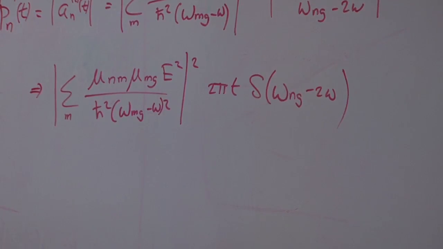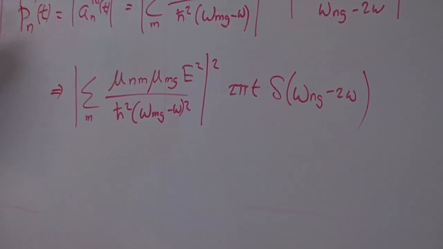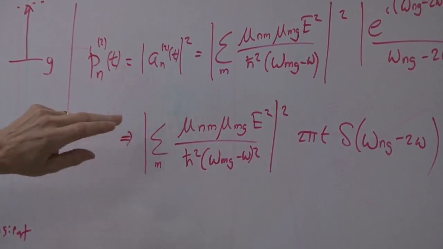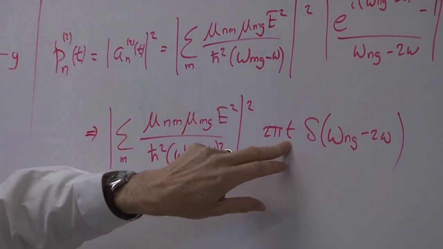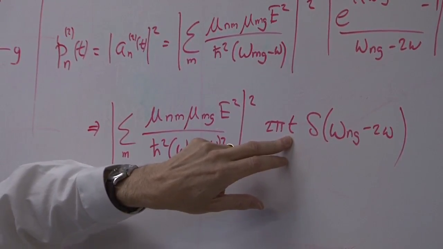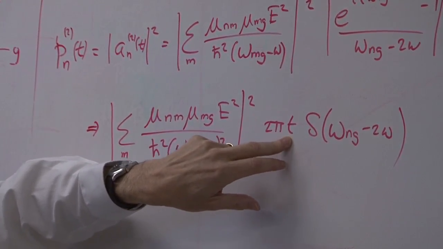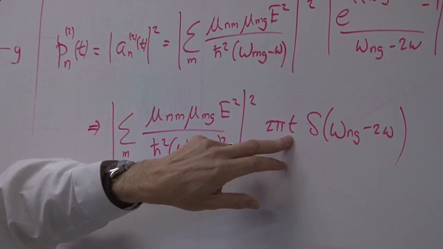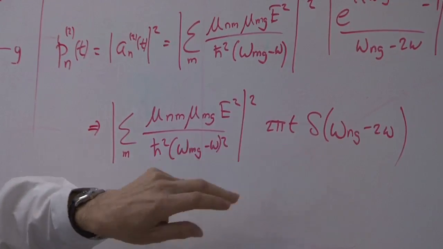line by line. We just went through the same sort of calculation. So the probability to be in level n at time t is itself proportional to t, so we can define a transition rate. Of course, if it didn't scale linearly with t, we couldn't define a rate, at least in the usual sense of the word.